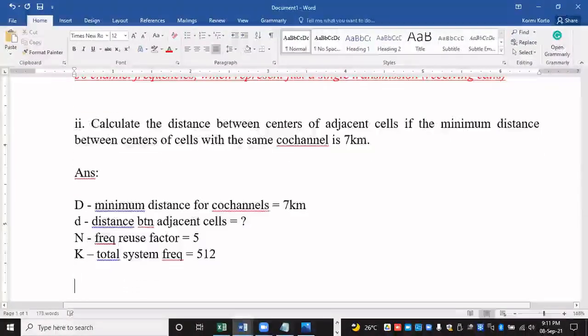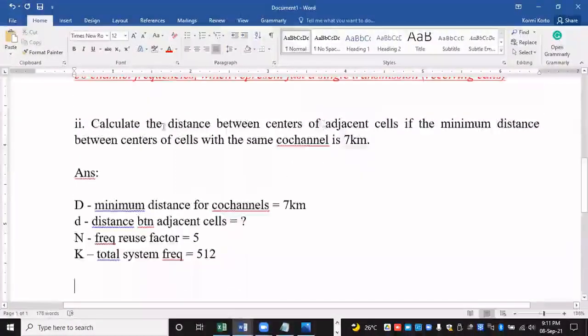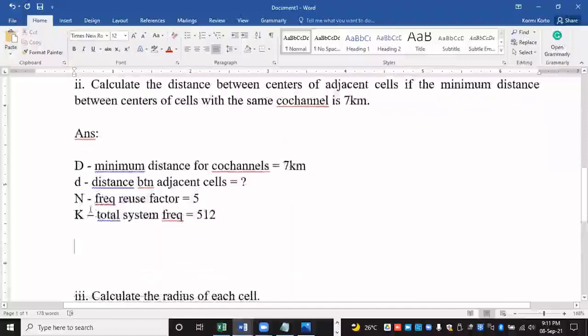So the formulas that you have here to be able to calculate small d, the distance between adjacent cells.